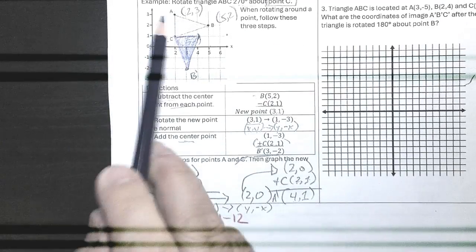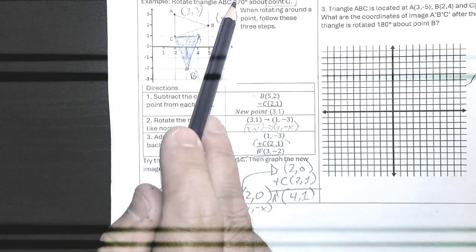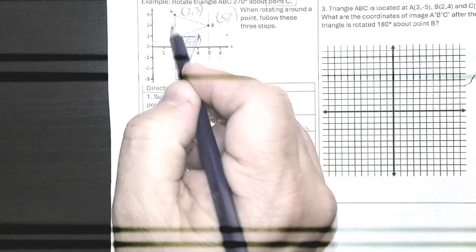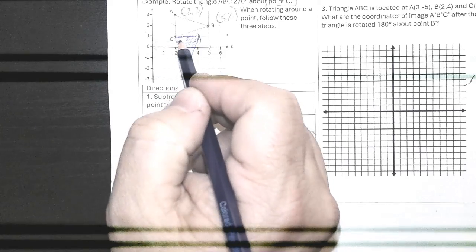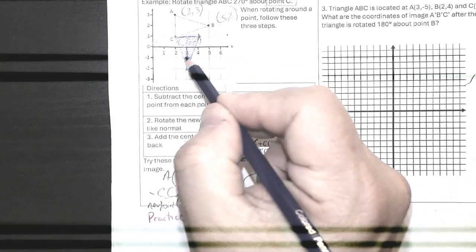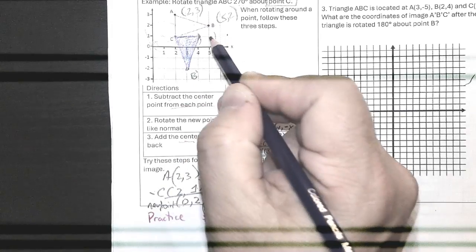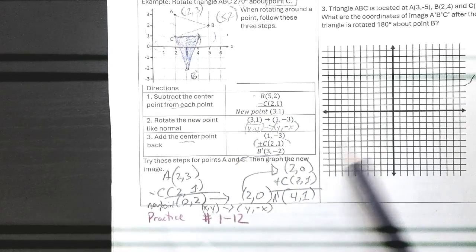All right, so it rotated 90 degrees, or 270 degrees counterclockwise about this point, so it would have gone 1, 2, and then this is the third, 270. Or notice 270 counterclockwise is the same as 90 degrees clockwise. And we didn't have to do point C because it rotated about that point. Hopefully this makes a little bit of sense to you.